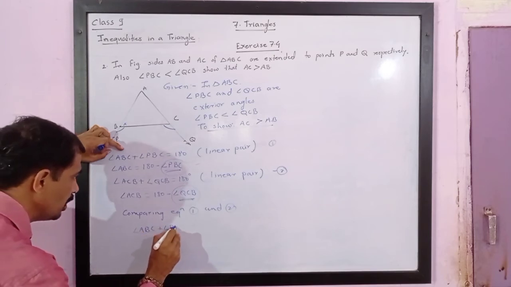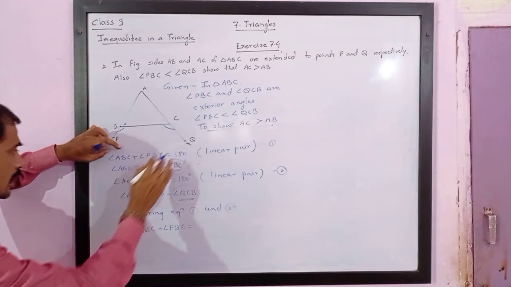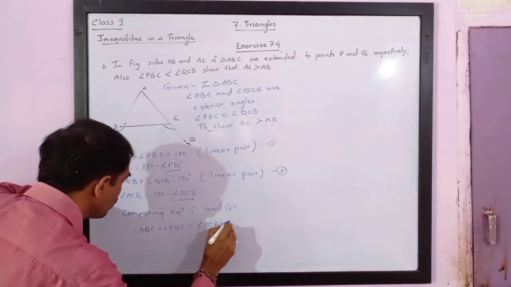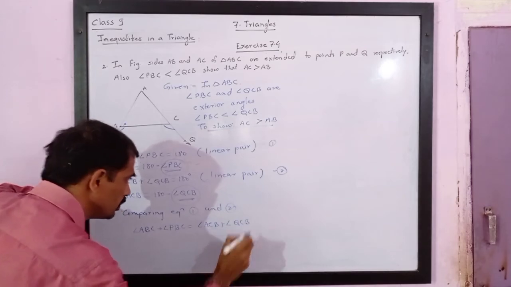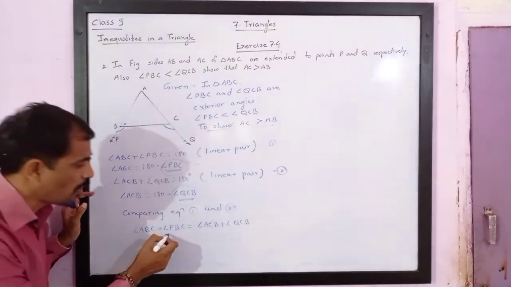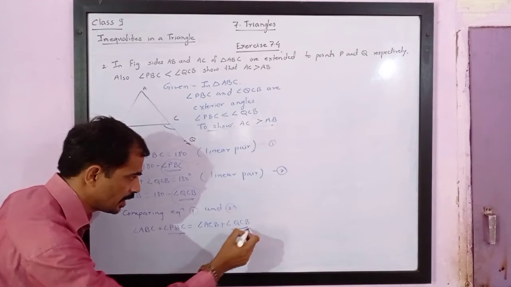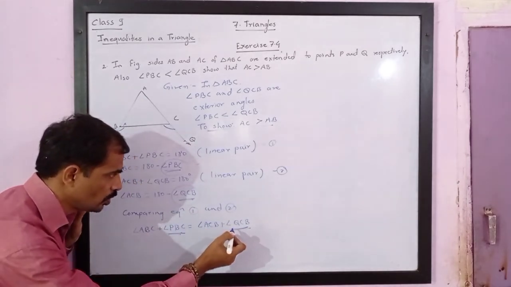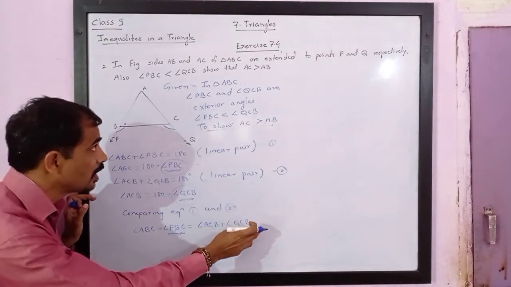Angle ABC plus angle PBC is 180. This is also 180, so it is equal to angle ACB plus angle QCB. Now watch carefully. This is smaller and this is larger. So smaller plus larger must be equal to larger plus smaller.